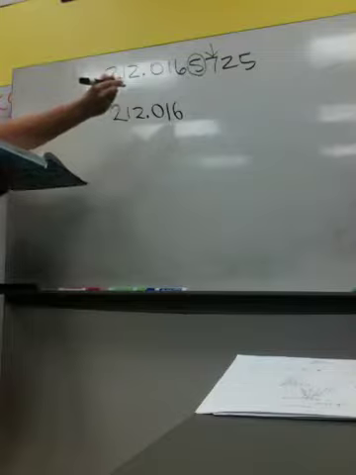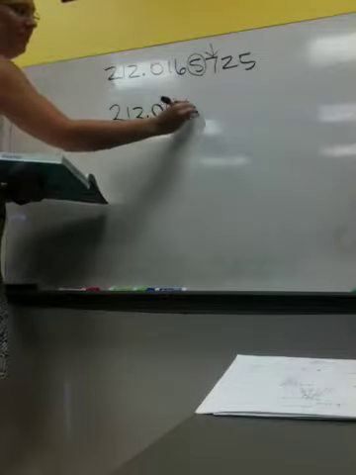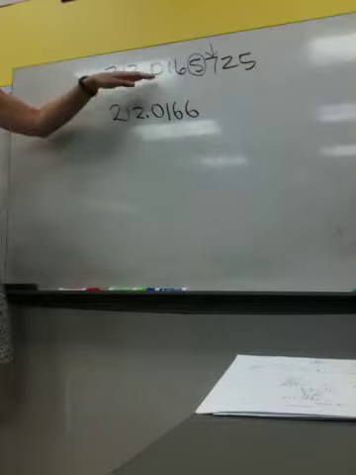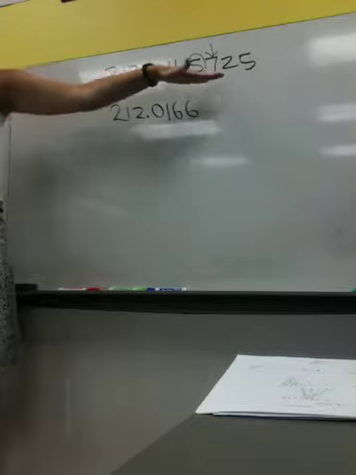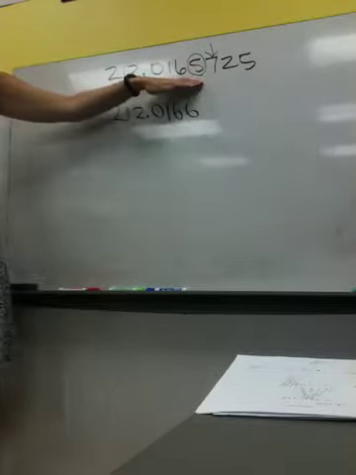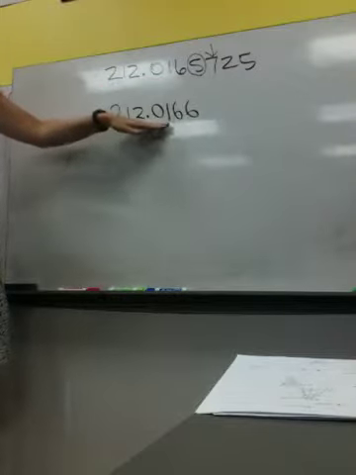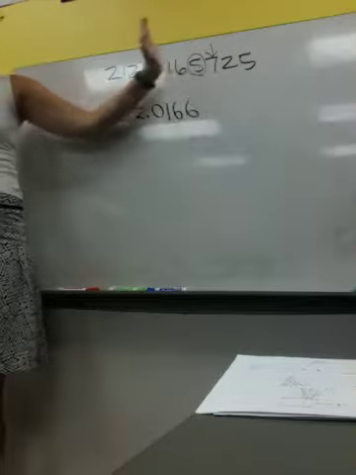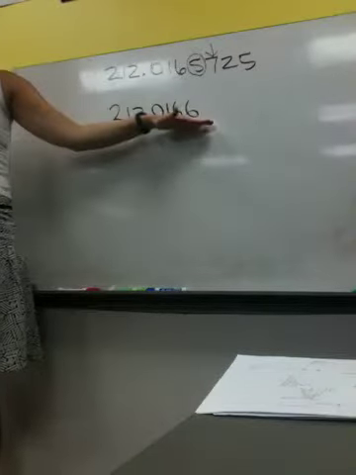But we're rounding. Oh, 6. Good, 166. Okay, so 212.0165725 rounded to the nearest 10,000th is 212.0166. She rounded up because of that 7. Knock those off. You can just leave that last 6.